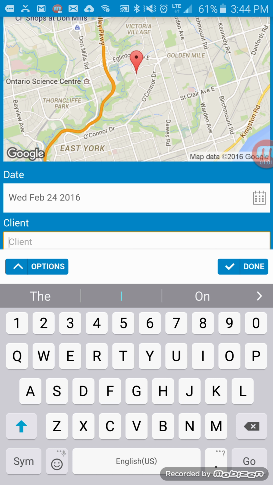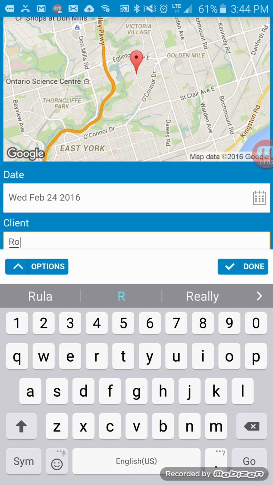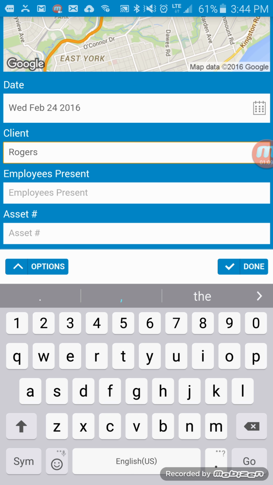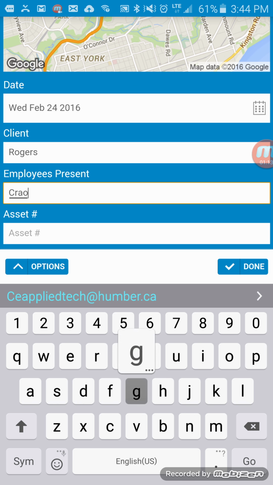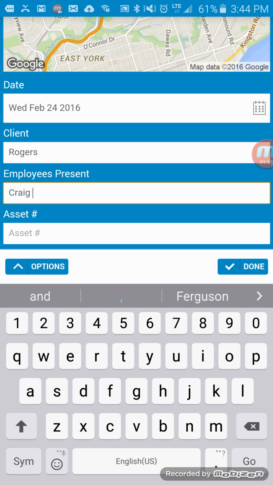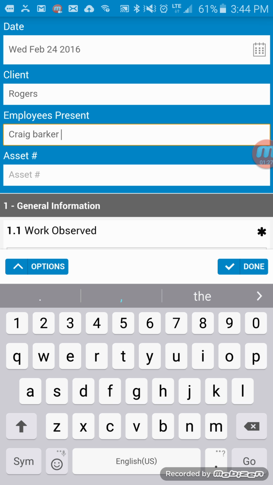The client, and I can put a client in here, so Rogers, employees present. I'm going to use Craig Barker just as a name. Except I can't type. That's the number if you had a vehicle.